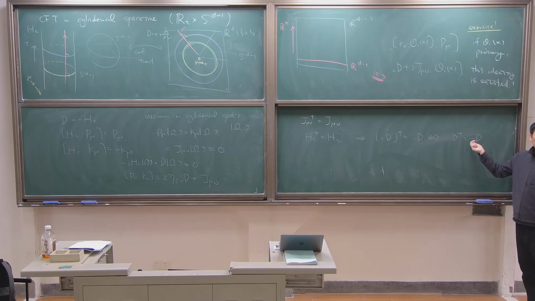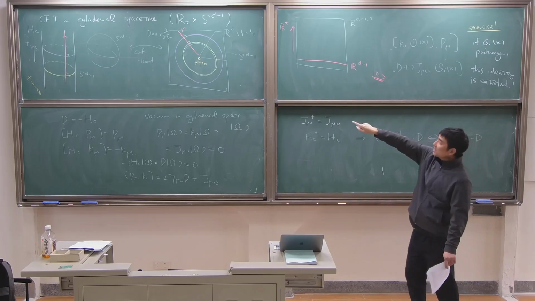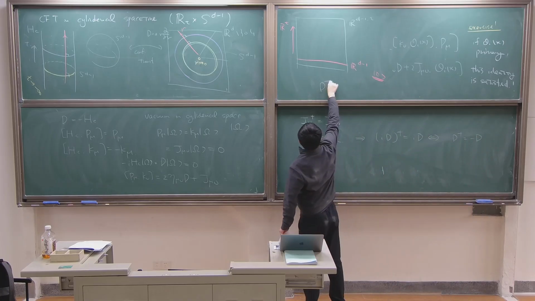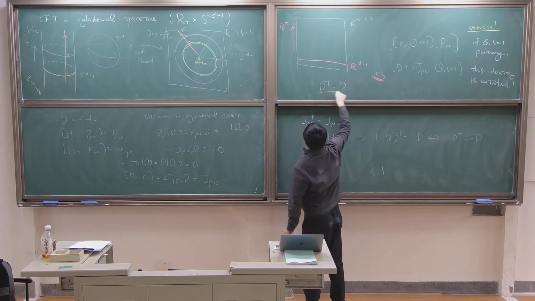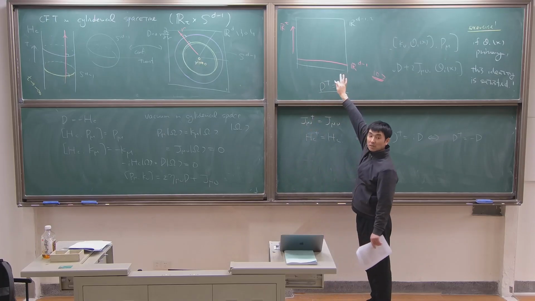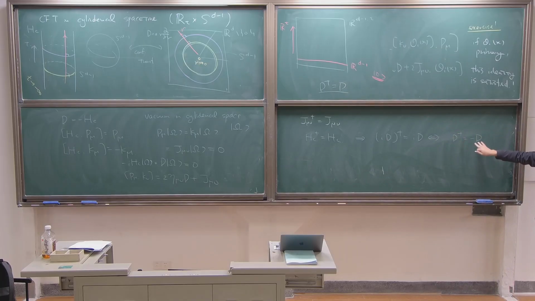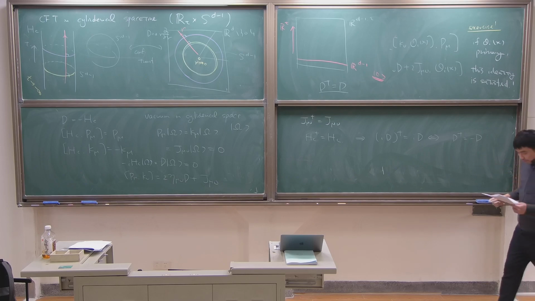Now you get a sign. So in the cylindrical space, D dagger is minus D. In this radial quantization, or cylindrical space, whereas in Minkowski space we put this one equal to this one, like this way. But in the cylindrical space, D becomes anti-Hermitian. Okay. It's anti-Hermitian.